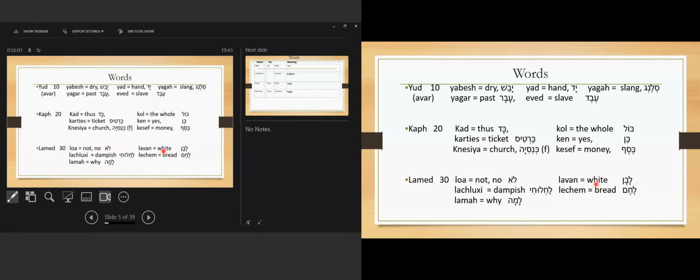Now, Chaver is a member or a friend. I can say to you, my friend Julius, my friend Sarah, and it is Chaver. Or I can be a Chaver, a member of a club. I am a Chaver of the club.